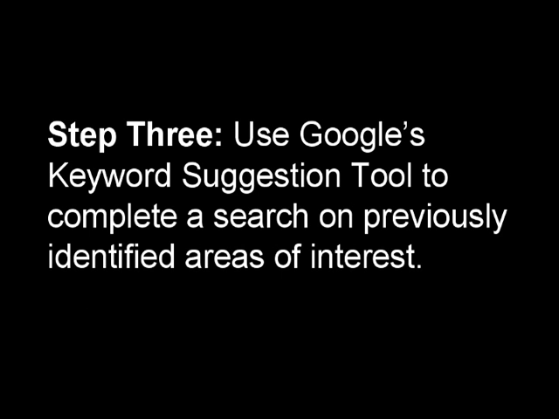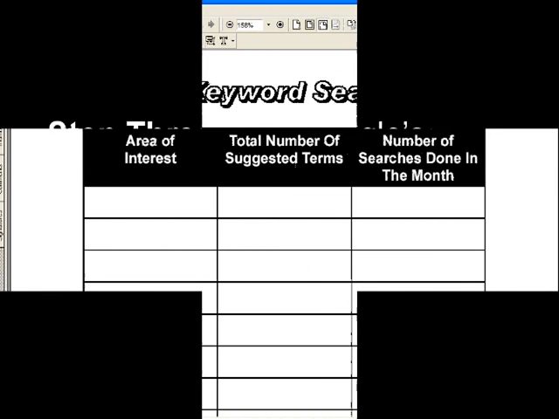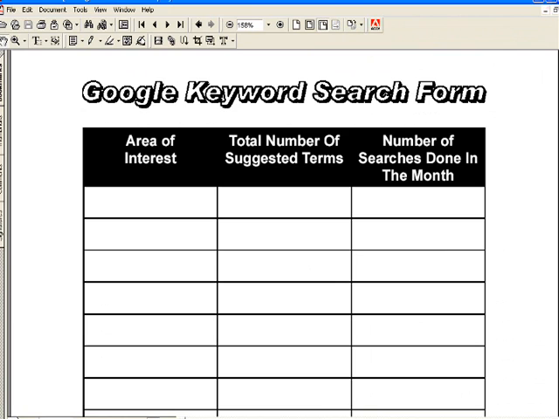Step 3. Use Google's keyword suggestion tool to complete a search on previously identified areas of interest. Let's take a look at Google's keyword suggestion tool. This is the Google keyword search form, and you want to use the Google keyword search tool to do a little research.